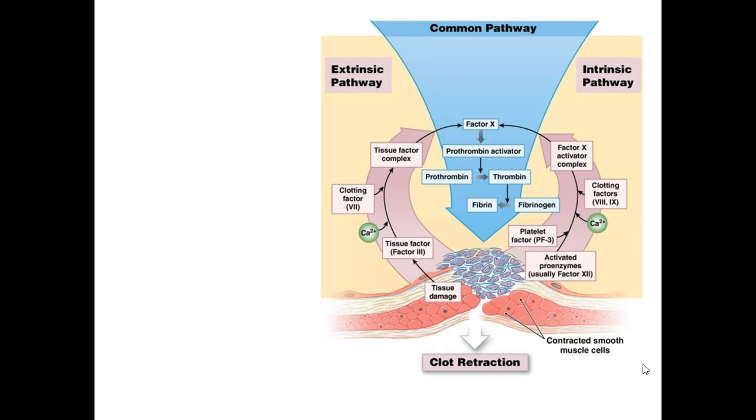Everybody with me on this? Now, if you cleave, meaning that you proteolyze, you remove that inhibitory part of the protein, now that active site can find substrate and catalyze a reaction, right?